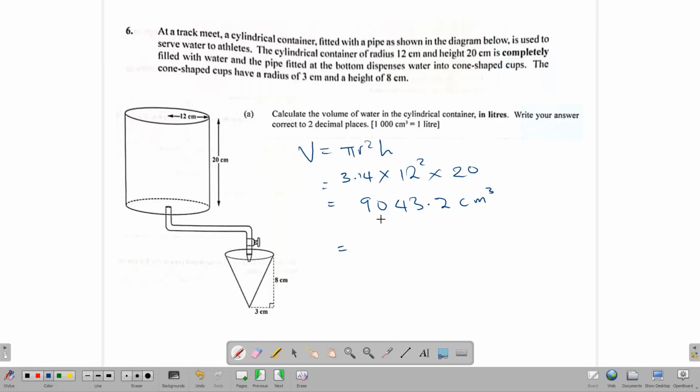So dividing by 1,000, we end up with 9.043 liters. All right, so this is our answer in liters. 9.04 liters to 2 decimal places. Okay, so we have worked out the volume, and now we need to go on to the next part of the question.